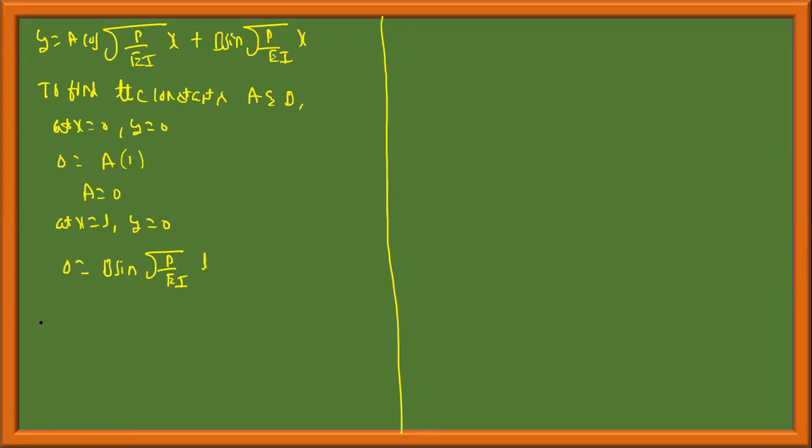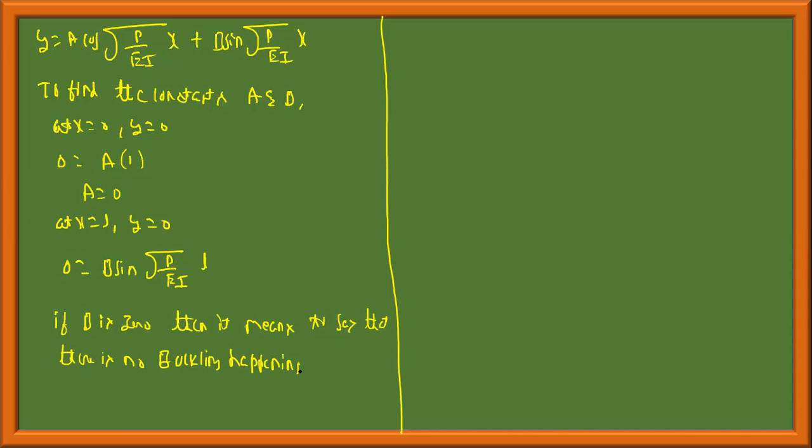If B is 0, then there is no buckling happening at all, because A is 0 and B is 0, there is no buckling mode shape.